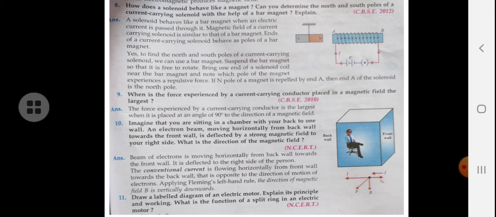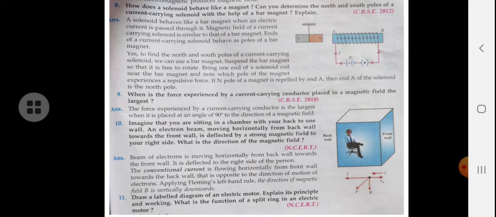Question number 11. Draw a labelled diagram of an electric motor. We discussed the diagram, working and function of the split ring, or commutator, to change the direction of current. We have already done it, so not discussing it again. And the rest of the questions are based on the deleted part.